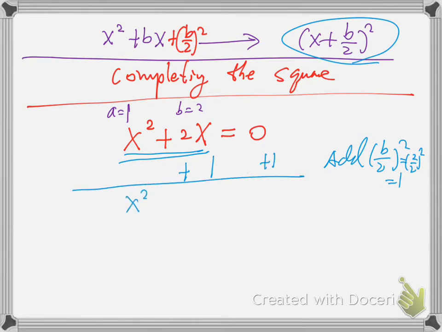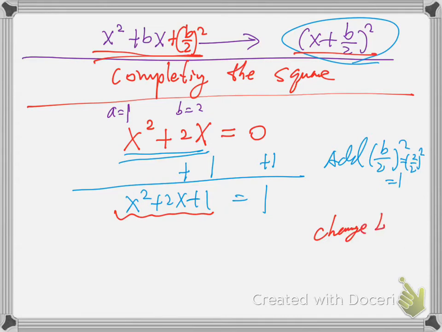Then we got x squared plus 2x plus 1 is equal to 1. Now let's look at these three terms on the left. The completing square method tells us these three terms are equal to x plus b over 2 squared.